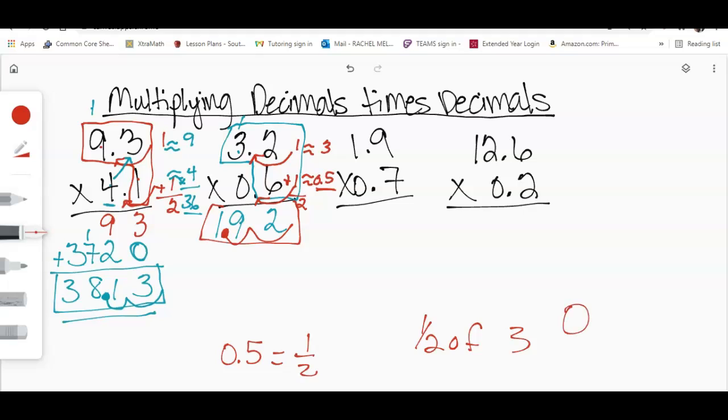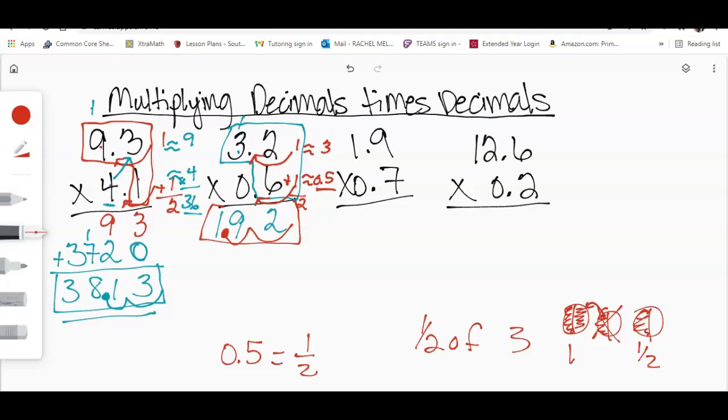So if I have 3 wholes and I only want half shaded in each of them, and then I take these and I put this over here, this becomes a whole and this is now gone, and this is a half, right? Remember when we did that?